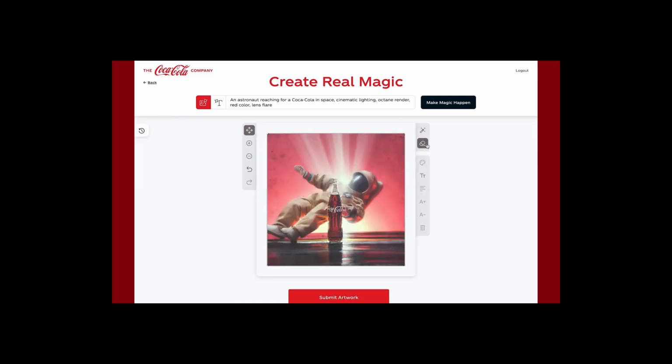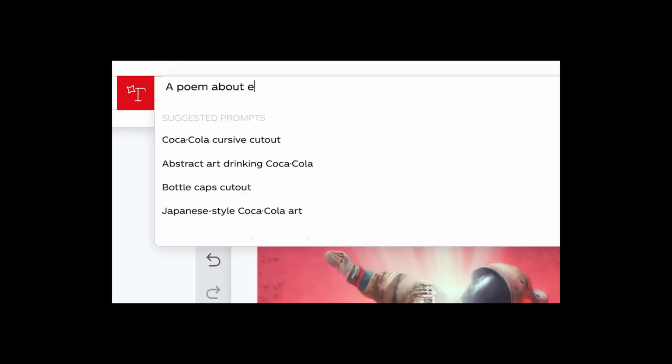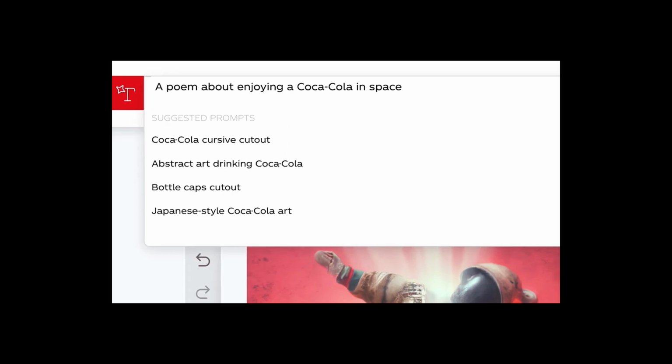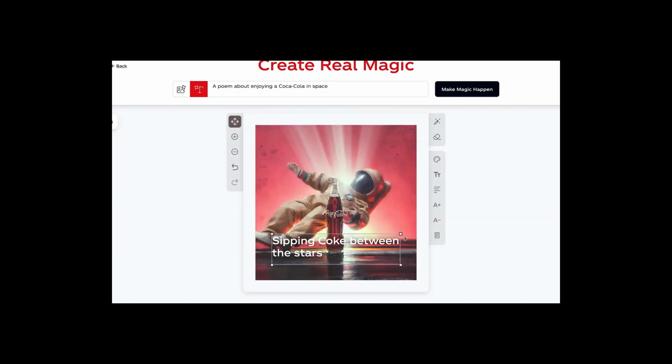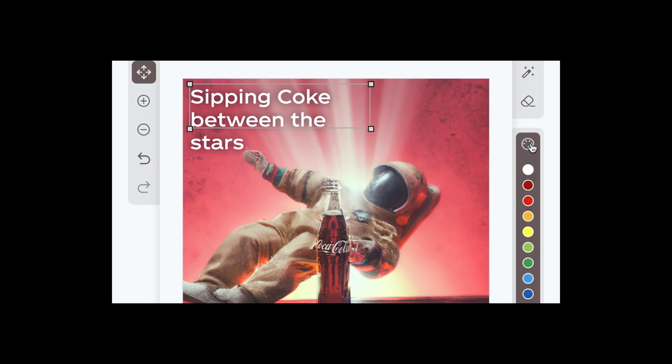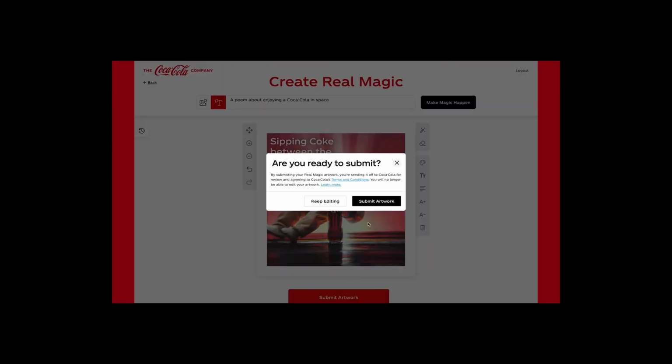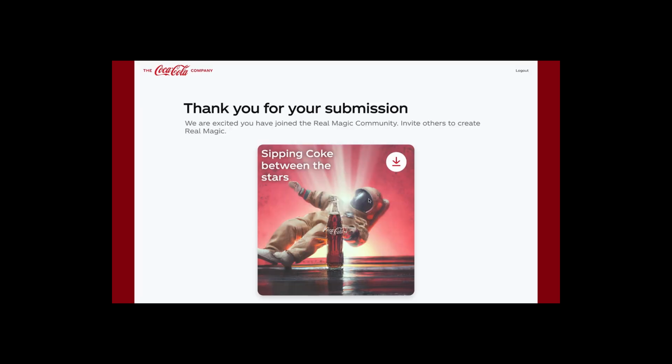Already, you're in a position of saying, here is where I want to see Coca Cola. You're not saying, I don't want to see Coca Cola. You're saying, I want to see Coca Cola at the beach. I want to see Coca Cola in outer space. So we imagine ourselves in the process of making through Coca Cola. The bottle of Coke is literally our passport into creativity with this marketing campaign.